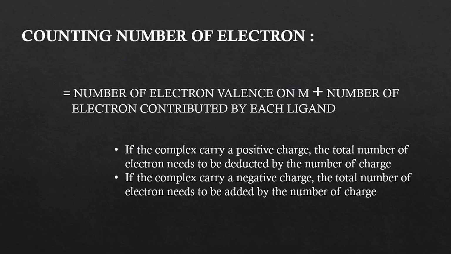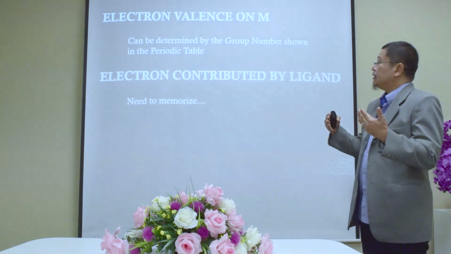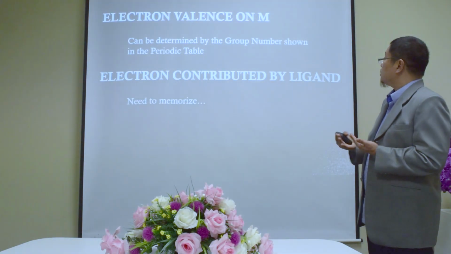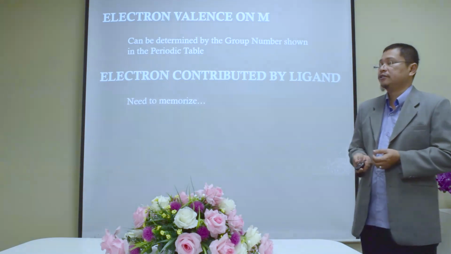But of course, if the complex carries a positive charge, the total number of electrons needs to be deducted by the number of charge. Otherwise, if the complex carries a negative charge, the total number of electrons needs to be added by the number of charge. So the valence electrons and the electrons contributed by ligands can be simply determined through these two things.